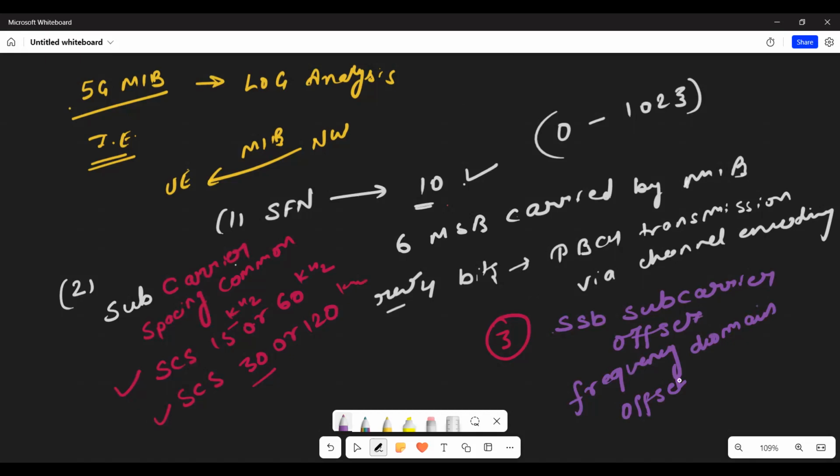Now as the name suggests, SSB subcarrier offset. How much offset is there for the SSB to start, right? And this would be in terms of subcarriers. So the frequency domain offset between the SSB and, what I told you, the overall resource block grid.